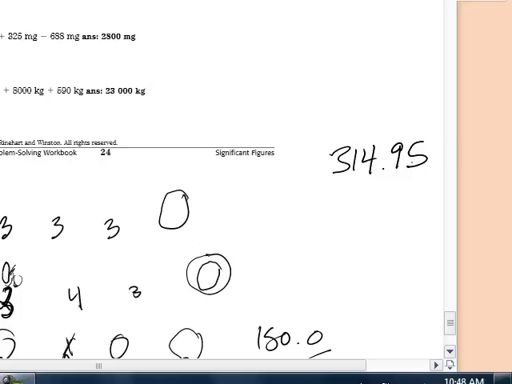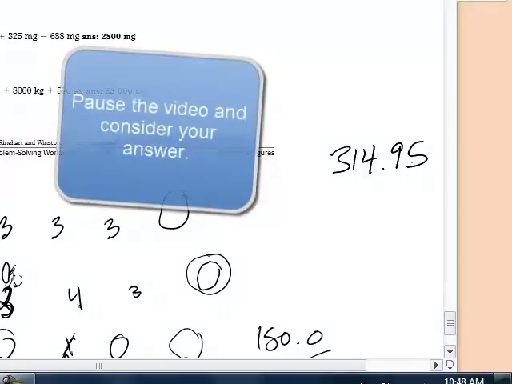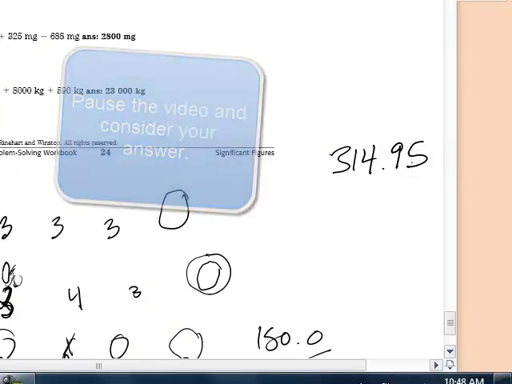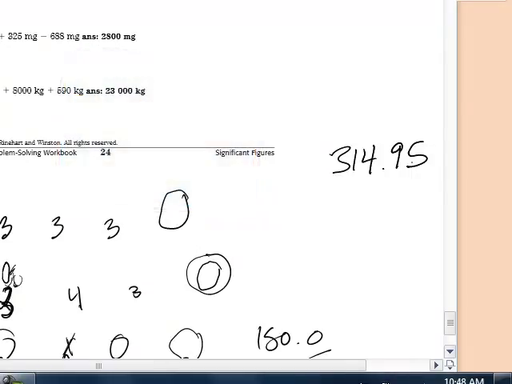Is that going to be my answer? No. What's my answer going to be? 315. Why is it going to be 315? So when I look at 28, do I have anything past the decimal?